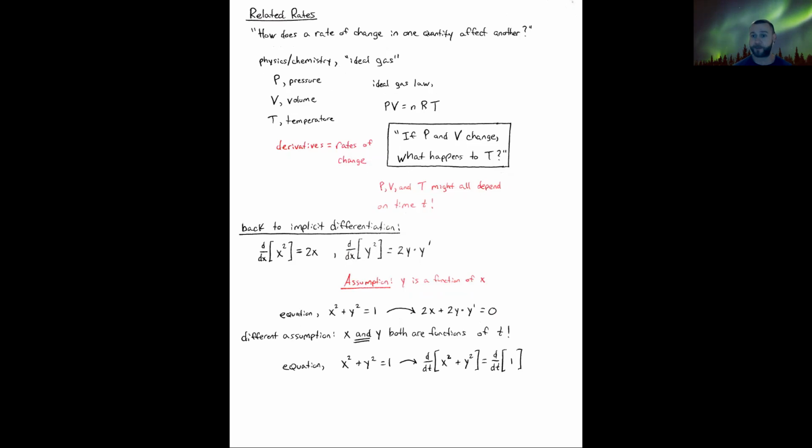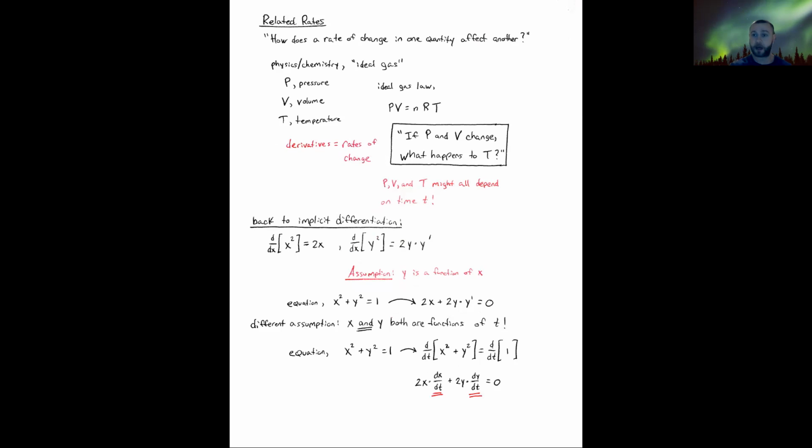So when we differentiate both those terms, x squared and y squared, we're going to have to multiply respectively by x prime and then by y prime. We're going to rewrite those primes, x prime and y prime, as dx over dt and dy over dt.